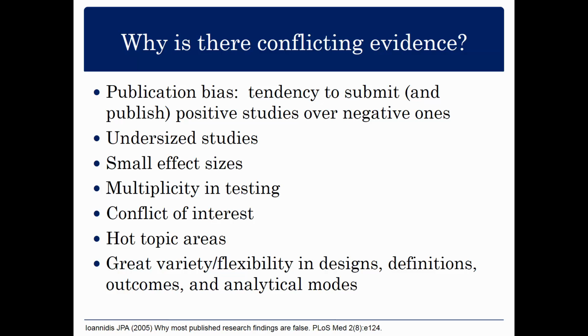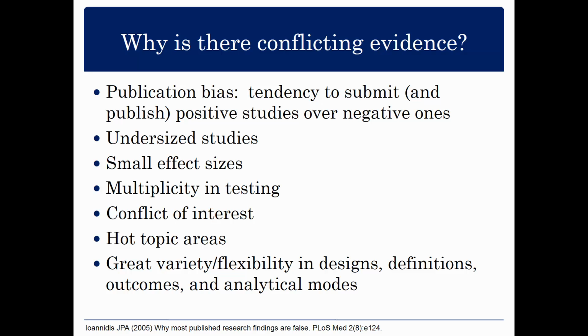There are other reasons why there's conflicting evidence. One of the biggest is publication bias. There's been a lot of what's called meta-research, research about research, that shows that people who do studies, when they get a non-statistically significant result, take a lot longer to publish it. And in fact, some of them never publish it for many reasons.